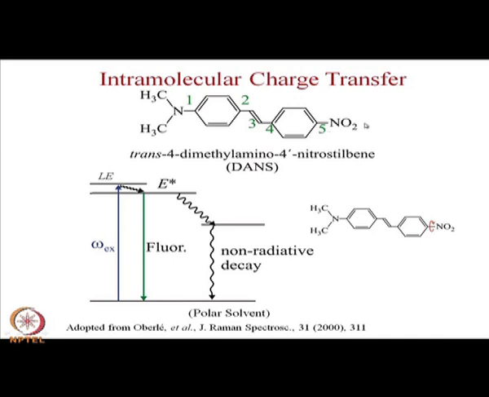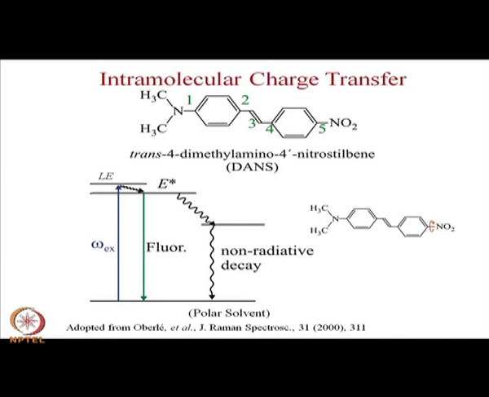So, in this case this is a potential donor of electron, and this nitro group is a very strong acceptor of charge. It has a strong capability to pull electron towards this particular functional group, so it is electron withdrawing.